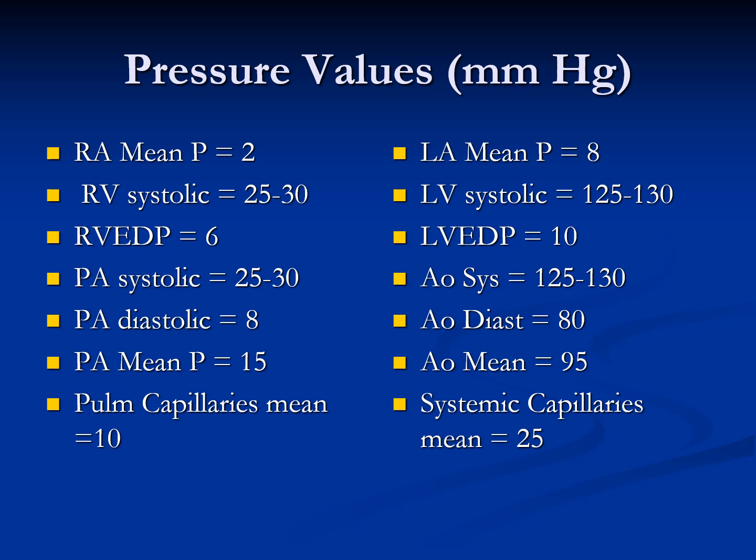So if you start, I'm not going to read the slide for you, but if you start on the right side, as we said, the right heart works at much lower pressures. So the right atrial pressure is nearly zero. There is no pressure in the right atrium. 2, 3 millimeters of mercury. Right ventricle, same thing, 25, 30 in systole. The RV end diastolic pressure is 6, etc. PA systolic, PA diastolic, mean PA pressure around 15.